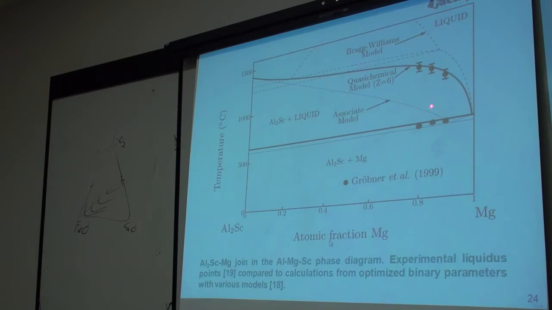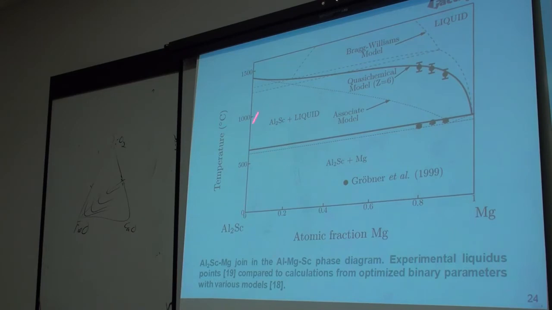This is your difference between your associate model and your quasi-chemical model. I mean, you're talking about hundreds of degrees here. It's not a small thing. This is a major thing. If you try to use an associate model, you're going to have to put in big positive ternary parameters in order to force the thing to fit. If you use the Bragg-Williams model, you're going to have to put in big negative ternary parameters to force the thing to fit. And this is because the models just are not reflecting physical reality.